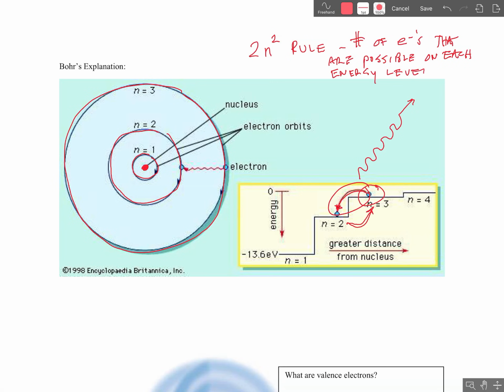So each energy level can only hold a certain amount of electrons. And this 2n squared rule helps us figure that out. N, of course, is the energy level number.